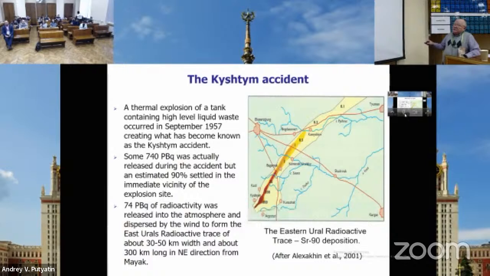radioactive trace, about 30 to 50 kilometers wide and about 300 kilometers long, in the northeast direction from Mayak. You can see the trace over here. It's very narrow and long because we can consider that the release was immediate and lasted a very short time.